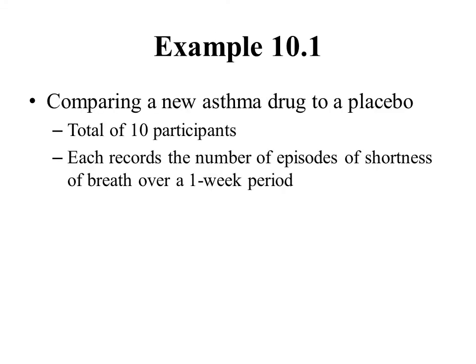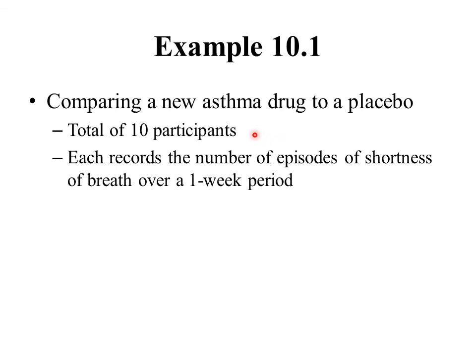So to illustrate an application of the Mann-Whitney U-test, let's look at example 10.1 from the textbook. And what we're doing in this example is comparing a new asthma drug to a placebo. So this is a very similar scenario to what we've done before in different contexts.